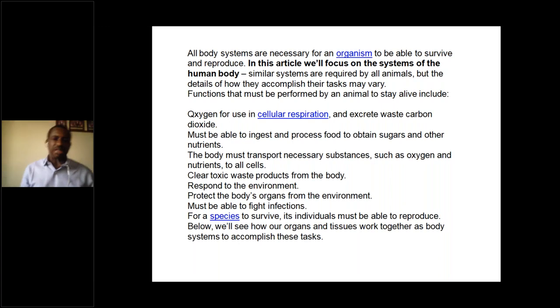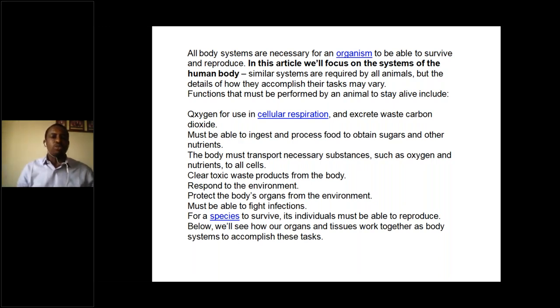Oxygen and nutrients need to be transported to all cells for them to remain alive. And also, when those cells work, they produce ATP, they produce waste. Those wastes also need to be carried from that region and taken to where it's removed from the body.